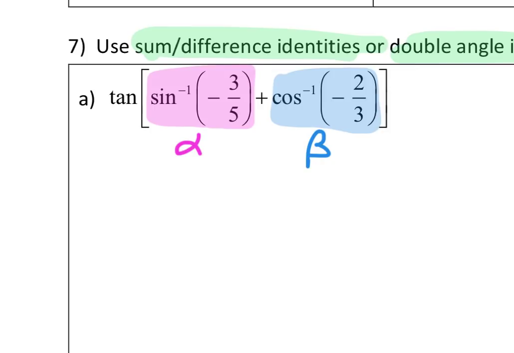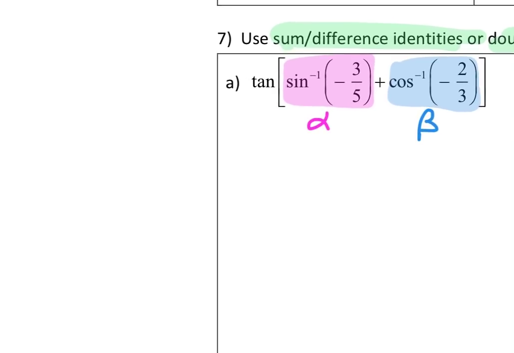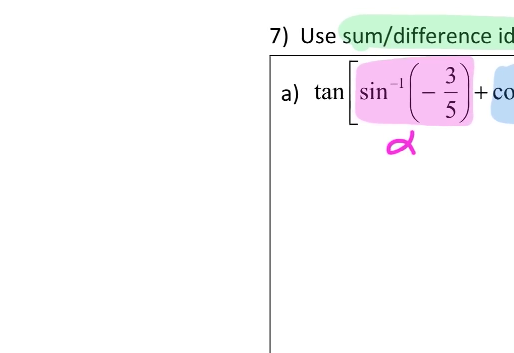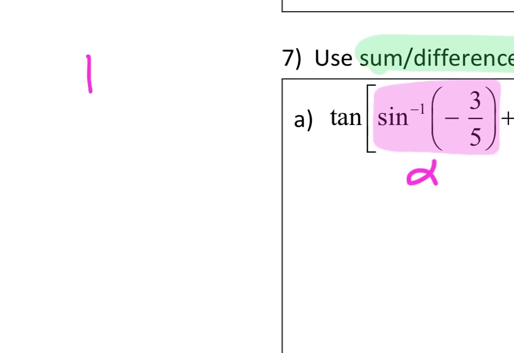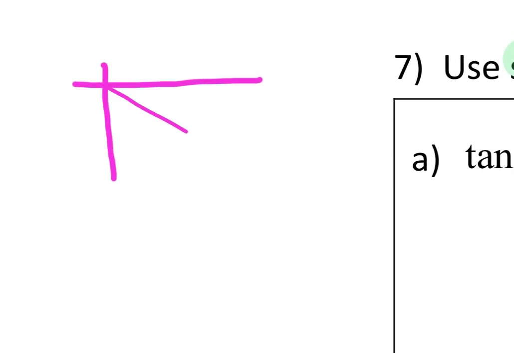And so what I want to do here is draw 2 different triangles. I'm going to draw one triangle that goes with alpha and one triangle that goes with beta. Alpha, I'm going to do that work in pink. Sine inverse of a negative input is a 4th quadrant triangle, and so that triangle is going to look like this.